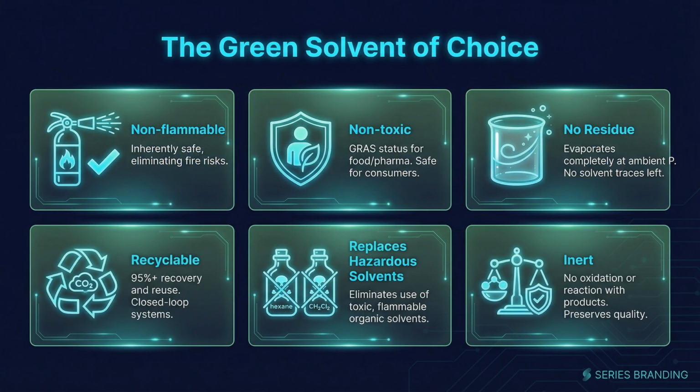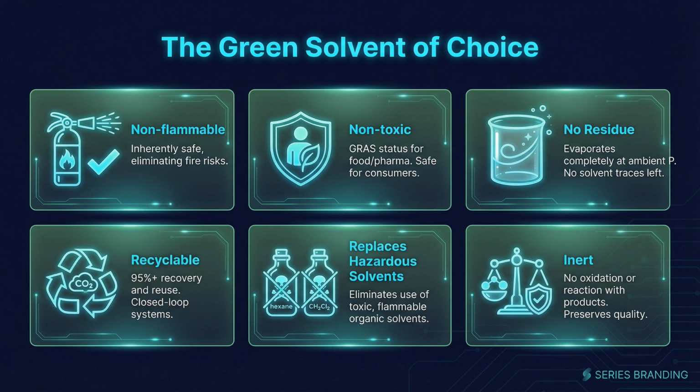The safety and environmental benefits of supercritical CO2 are substantial. It's completely non-flammable, eliminating fire and explosion hazards common with organic solvents like hexane or ethanol. It's non-toxic and carries GRAS status, meaning it's generally recognized as safe by the FDA for food and pharmaceutical use.